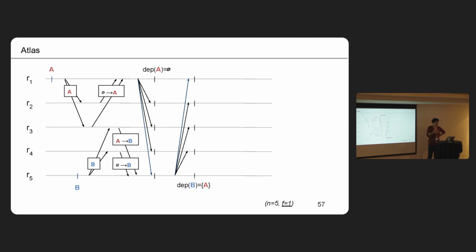If we have f equals 1, every dependency that is reported at least one time, which is vacuously true, is in the union, so we are good. So we can always take the fast path. In this case, we don't need to go through the slow path, and we can directly go to broadcasting the dependency of the command. So we avoid the slow path.